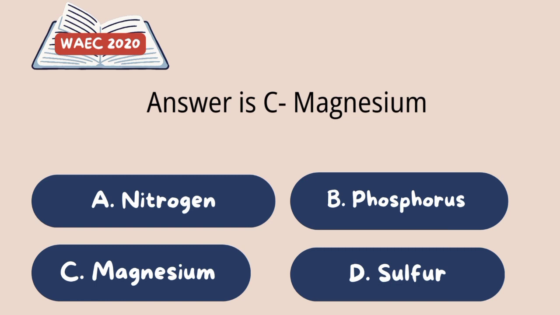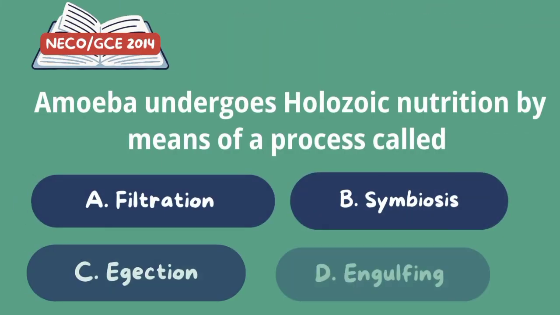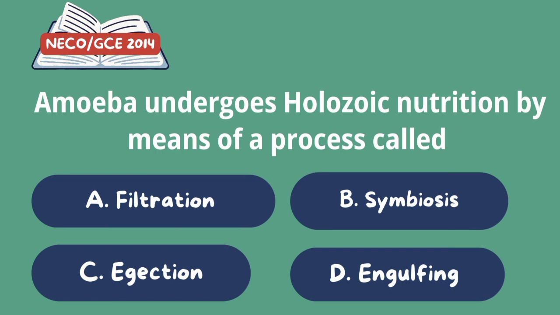So the absence of magnesium causes yellowing of leaves, which is called chlorosis. The deficiency symptoms of nitrogen are stunted growth and weak stem. That of phosphorus is dark green or purple leaves, and for sulfur is thin and weak stem and reduced growth.